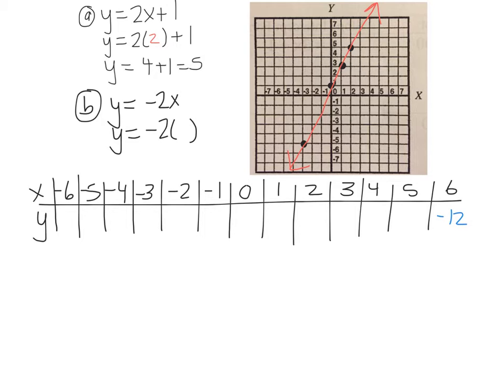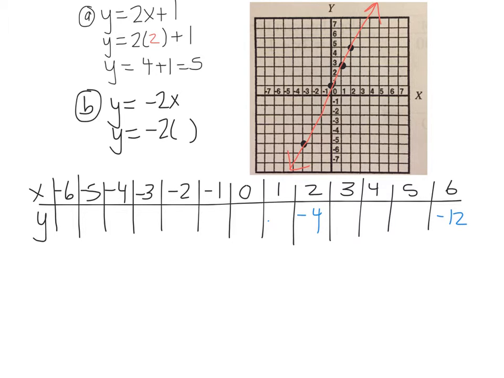Okay, now what if I put in a 2? Let's see what happens if I put in a 2 for x. I get y equals -2 times 2. -2 times 2, I get -4. So if I put in a 2, I get out a -4.